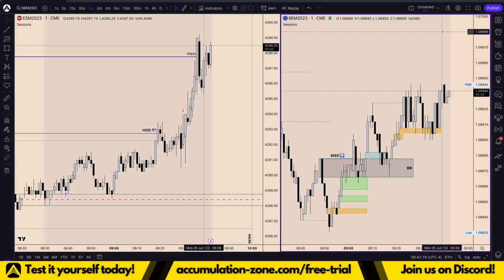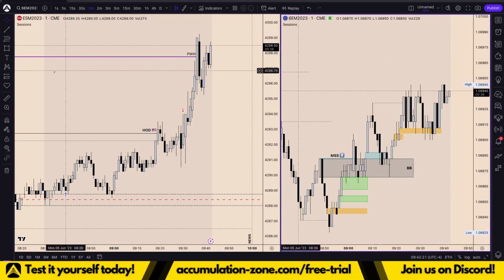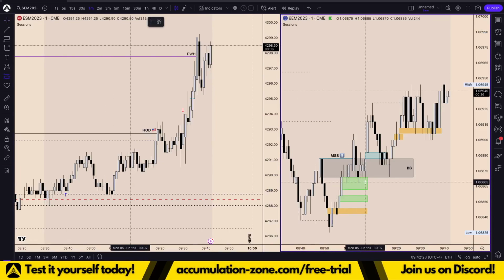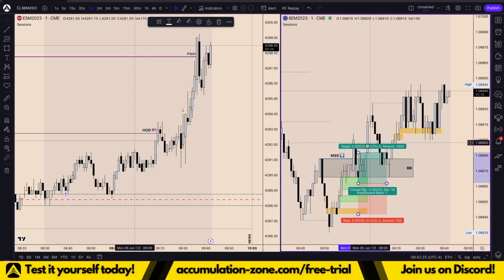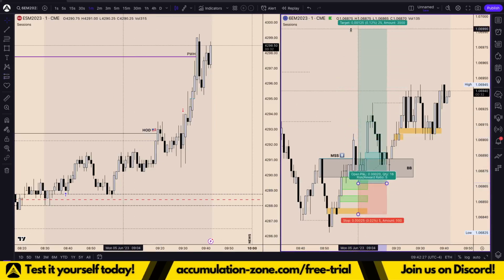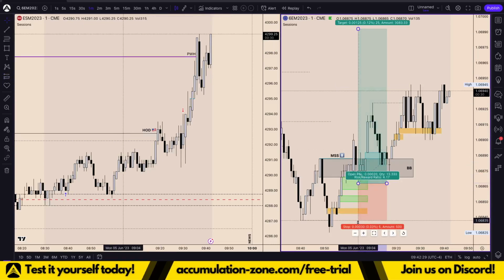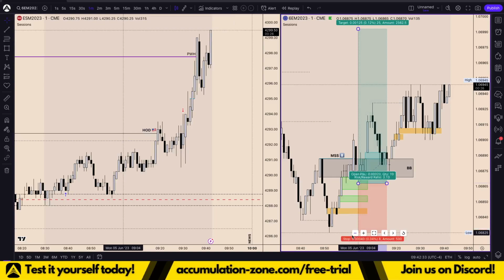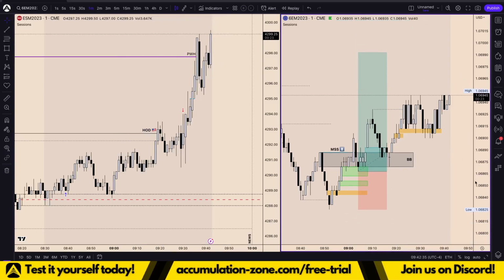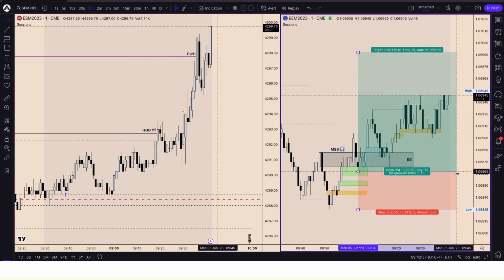Okay. 50% level right here. So for a free risk reward, your stop loss was placed somewhere around here. Yeah, nice entry. Let's see if this is going to be hit.